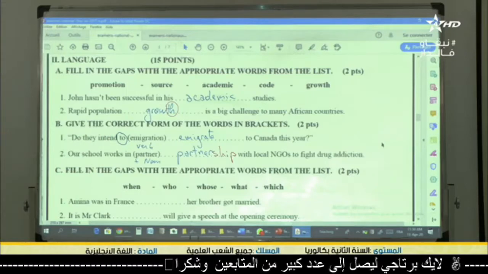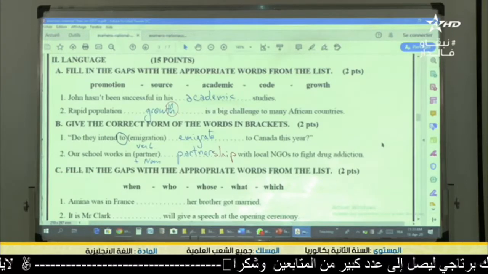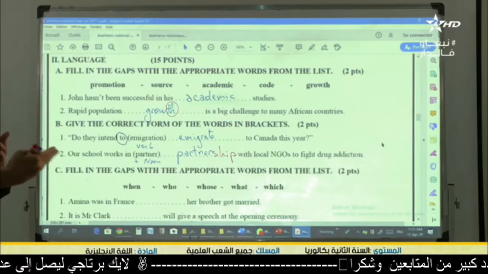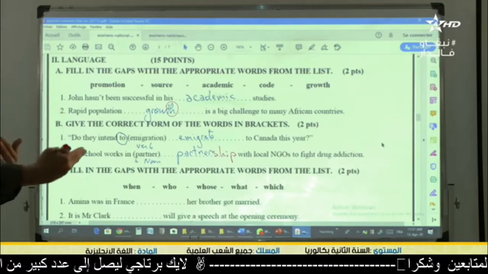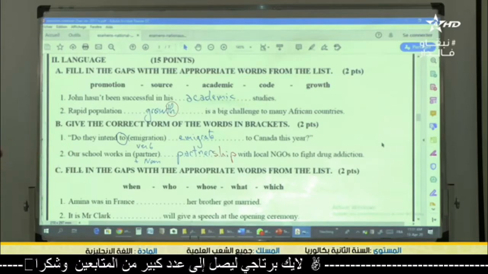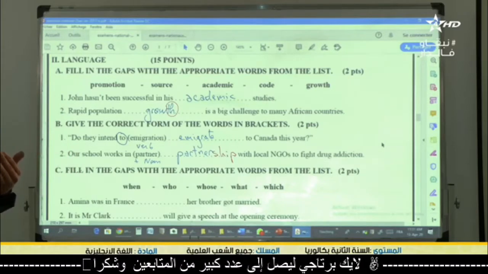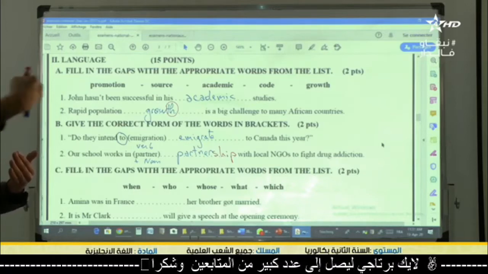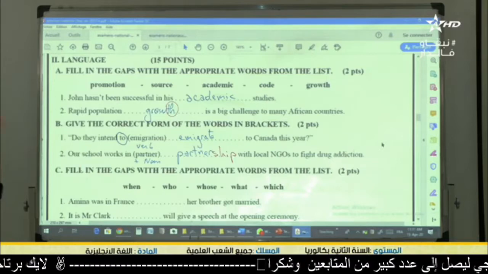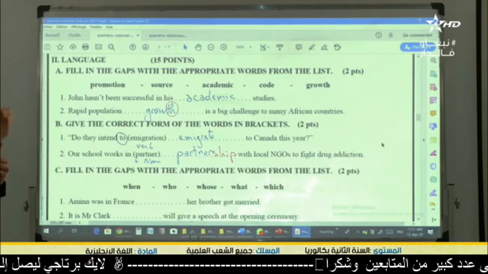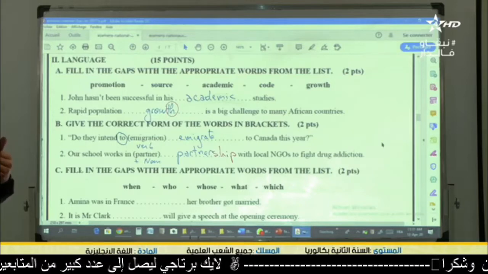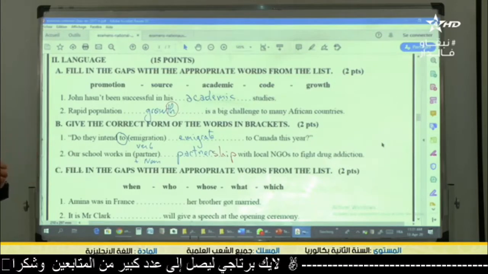We have when, normally used for time. Who is used when we want to talk about people. Okay? The person who, the singer who. When it's time, for example, Sunday is the day when I practice sport. Who, we use it for people, for example, the singer who sings this song.